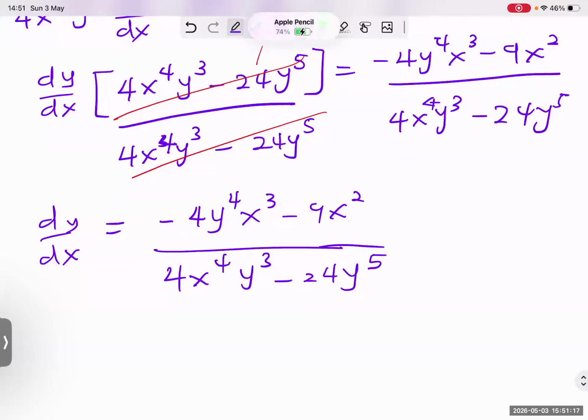Right. Any questions? I'm sure you have a million and one. Any questions? Yes, Madam, since the dx's cancel out, is it necessary? Can we ignore it? Yeah, you can. Because essentially, like you brilliantly stated, we are going to cancel them out.